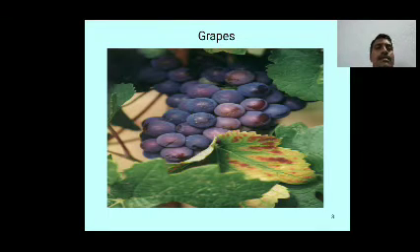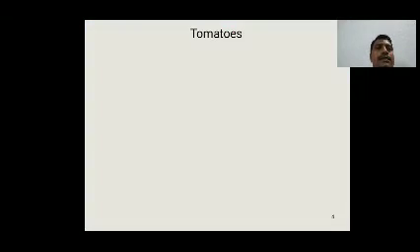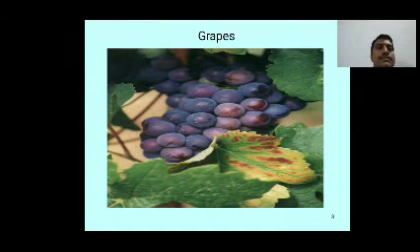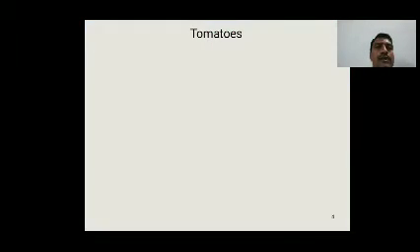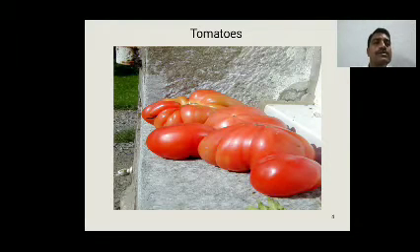Grapes, and these grapes taste sour. Sour taste is due to acid compounds that produce H plus ions, so they act as acids. Tomato also has a sour taste; it contains H plus ions, and those H plus ions give tomatoes a sour taste.